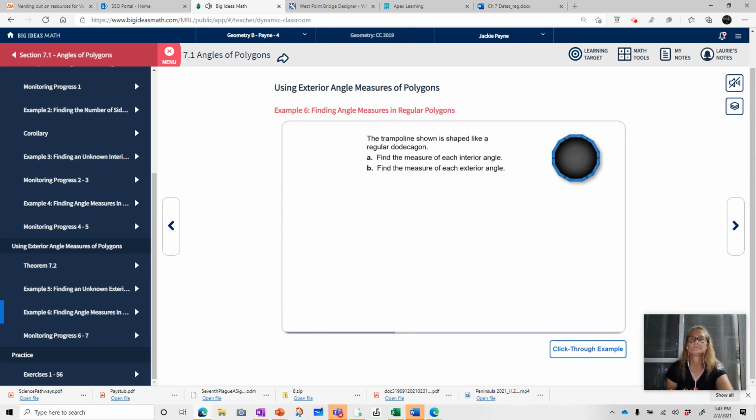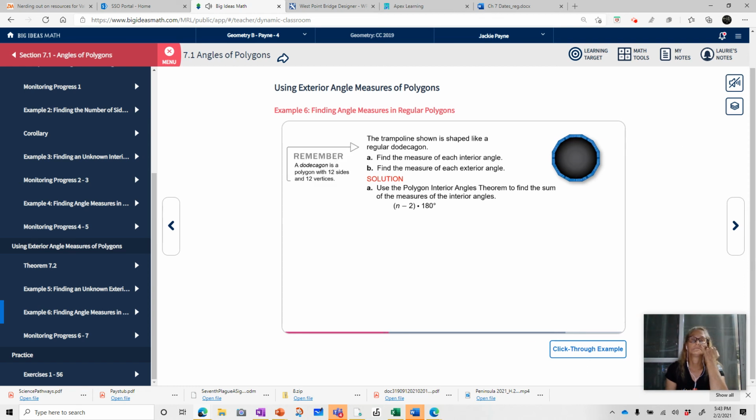The trampoline shown is shaped like a regular dodecagon. Part A. Find the measure of each interior angle. Part B. Find the measure of each exterior angle. Solution. Part A. Use the Polygon Interior Angles Theorem to find the sum of the measures of the interior angles. By the Polygon Interior Angles Theorem, the sum of the measures of the interior angles of a convex n-gon is the quantity n-2 times 180 degrees.